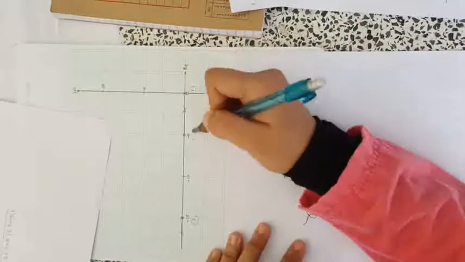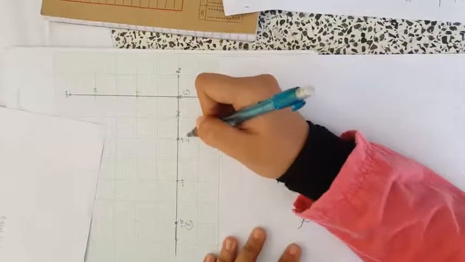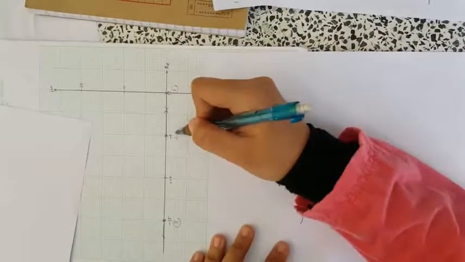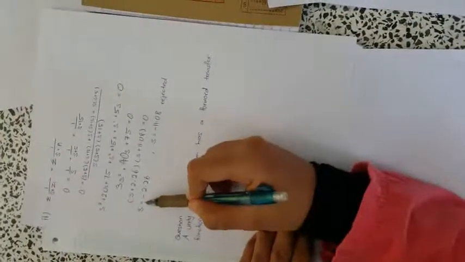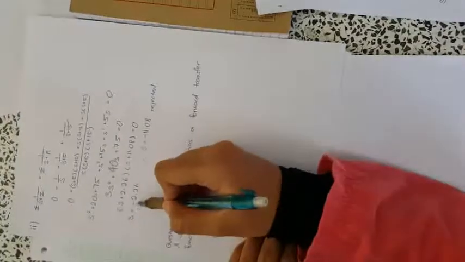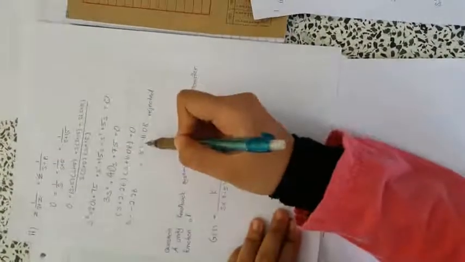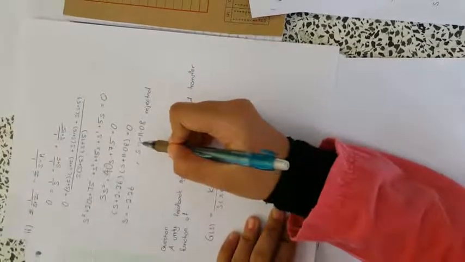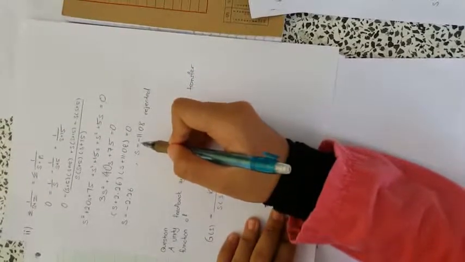From the graph, we know that our breakaway point is in between the range of 0 and -5. So we only accept this and reject this, since this is -2.26 and this is -11.08, which is out of the range between 0 and -5.